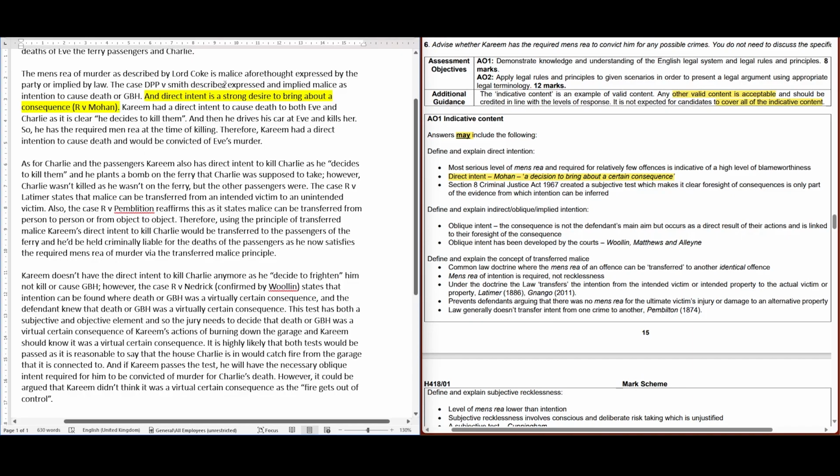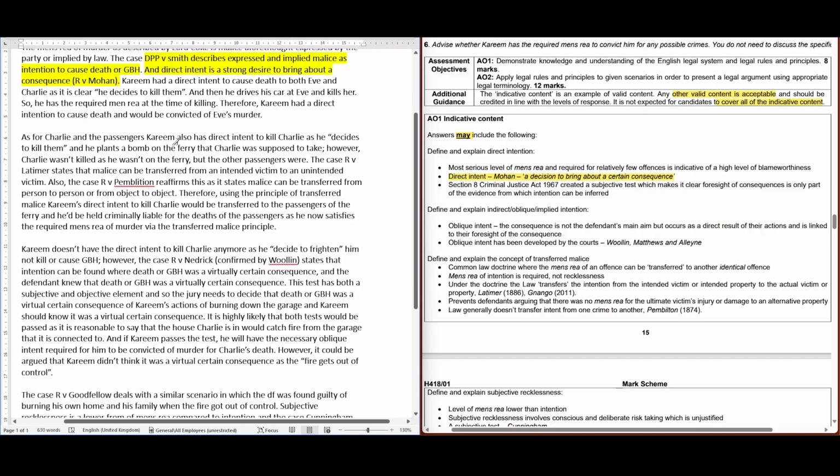So, it describes expressed and implied malice as intention to cause death or GBH. So I'm explaining the type of mens rea and the type of specific mens rea he needs to be convicted for the crime. So all of this from the top to here is AO1. I'd say it's worth at least 2 marks.